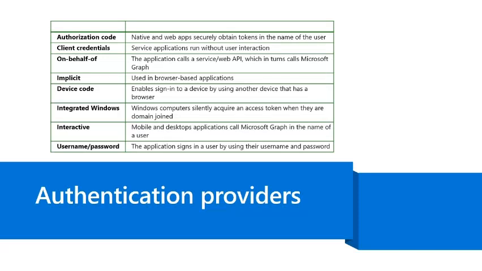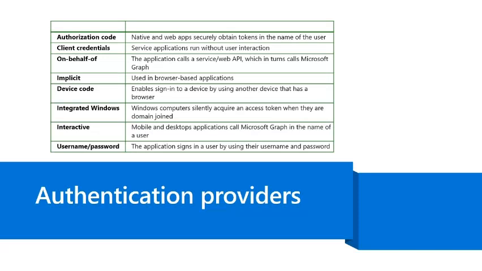Integrated window provider. The integrated Windows flow provides a way for Windows computers to silently acquire an access token when they are domain joined. Interactive provider. The interactive flow is used by mobile applications like Xamarin or UWP and desktop applications to call Microsoft Graph in the name of a user.